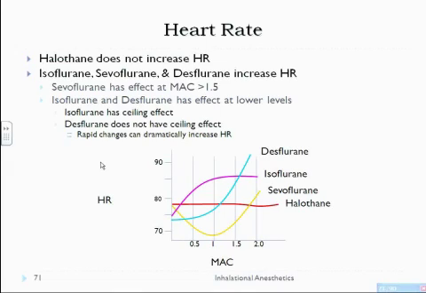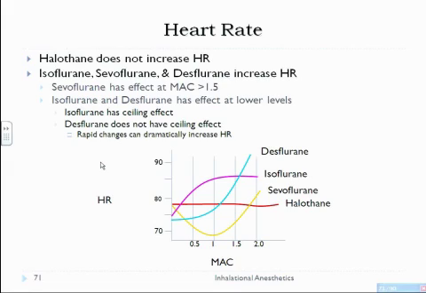At 1 MAC and above, which is of course 2%, that individual will start seeing an increase in heart rate once again. The reason I'm pointing this out is that if you have a patient who has bradycardia, sevoflurane might not be the best choice. It might be better to use desflurane or isoflurane. If you have somebody who has significant tachycardia, it might be a wise choice to use sevoflurane, as in the first MAC the heart rate will actually begin to fall.